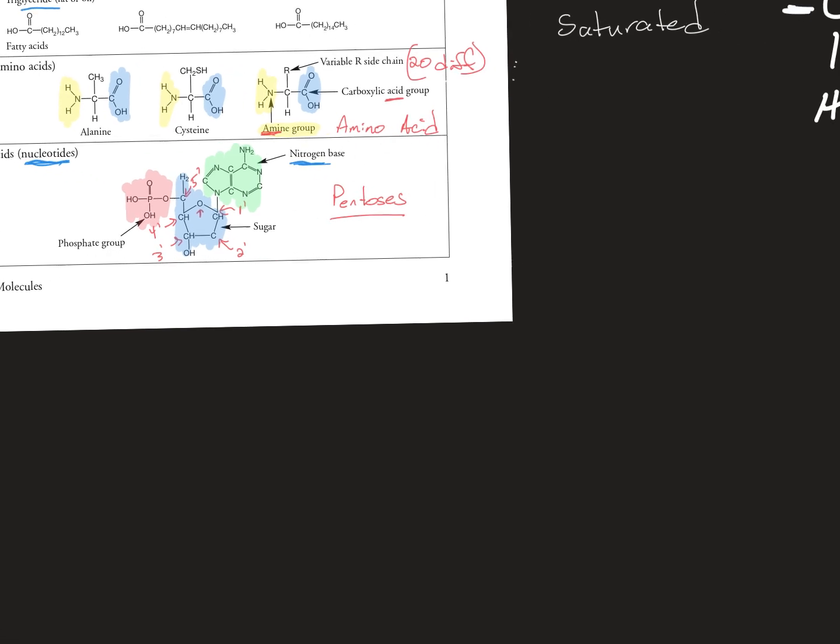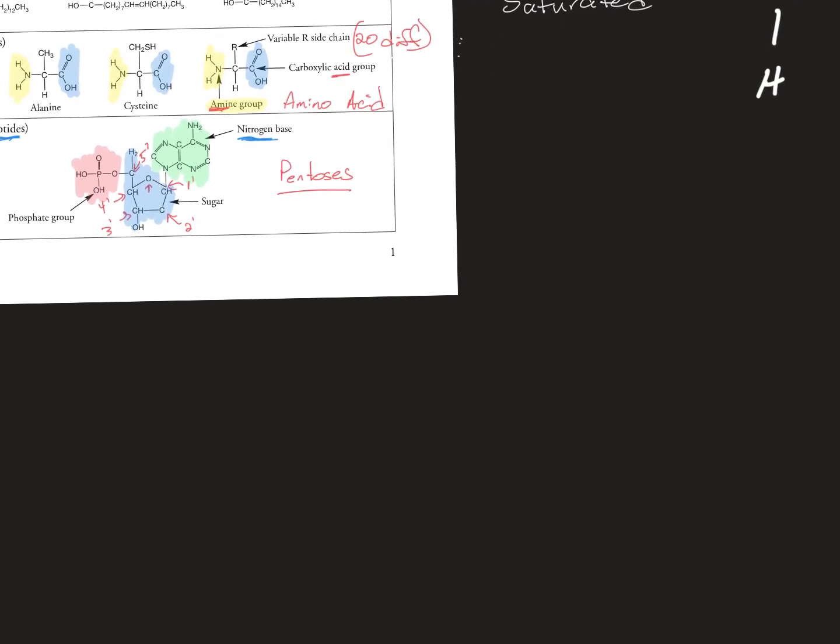So when we get into DNA replication and DNA structure, this becomes very important. Let me show you why. So you have this phosphate group. It's attached to a carbon, right?